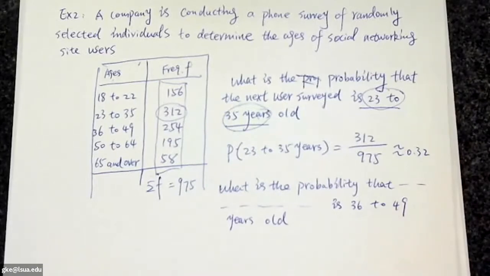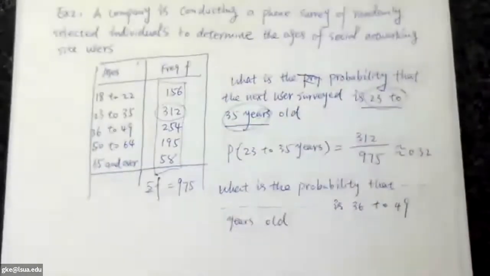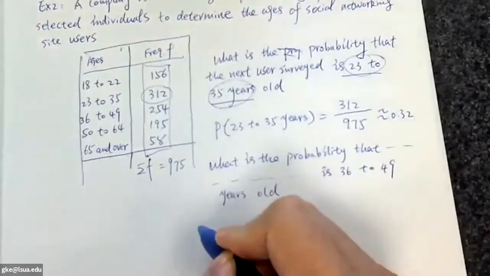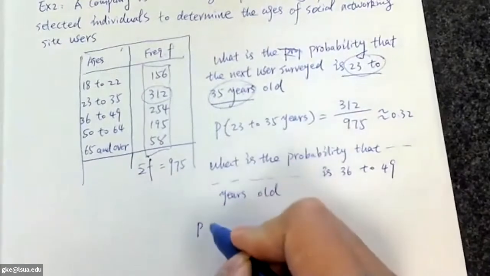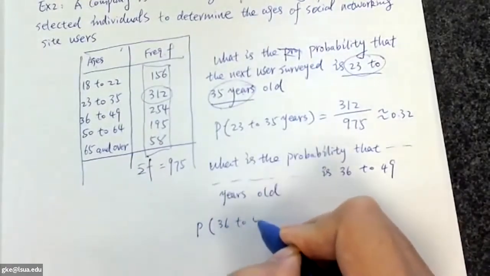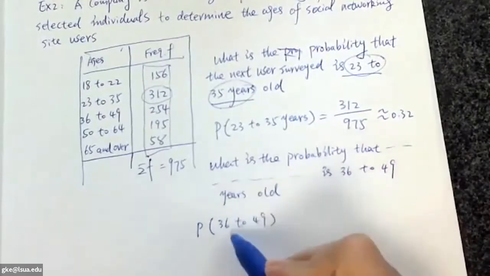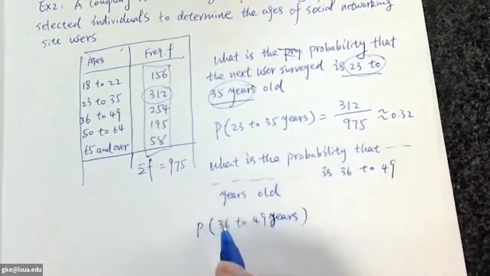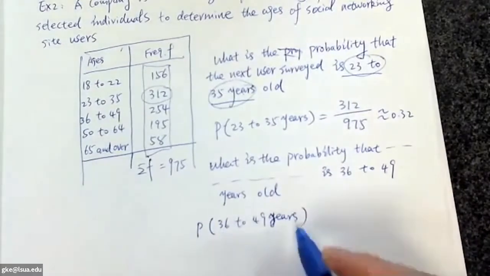Okay, I think you guys should get it very quickly, right? So this is a very beautiful word question. Now let's take a look. For this event, we know the event is between 36 and 49.